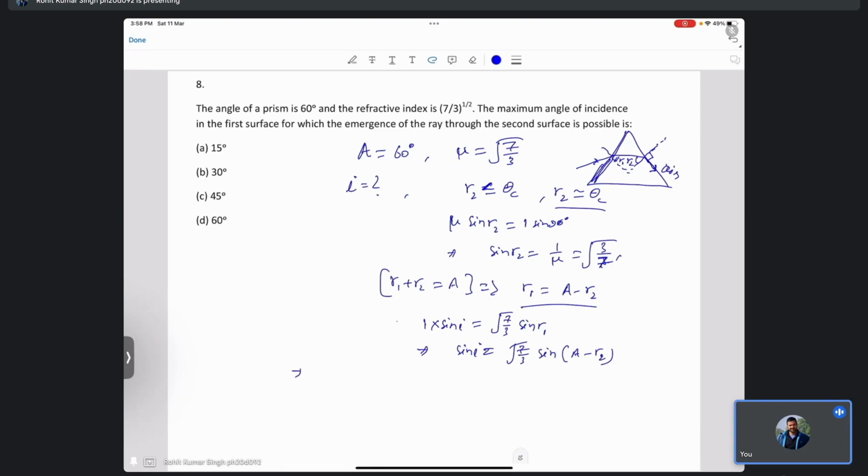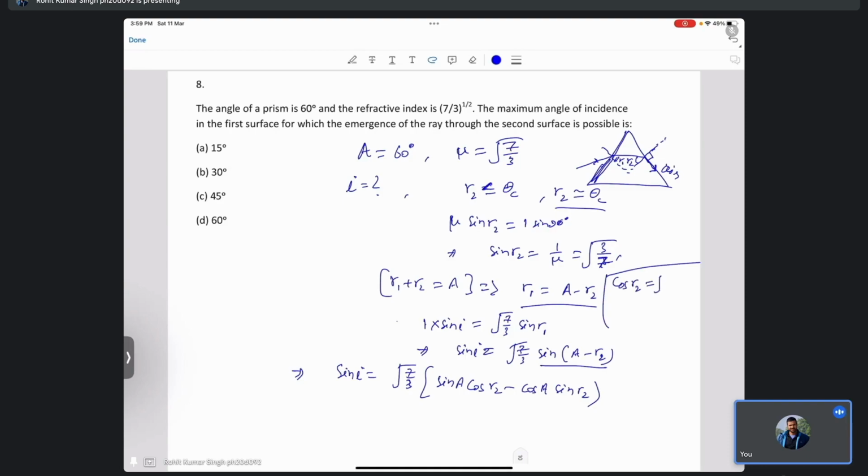So you have sine I equal to under root 7 by 3, and we can use the sine A minus B formula, which is sine A cos B minus cos A sine B, right? And you can find cos R2.